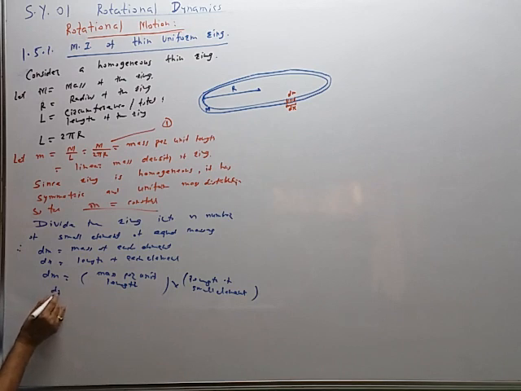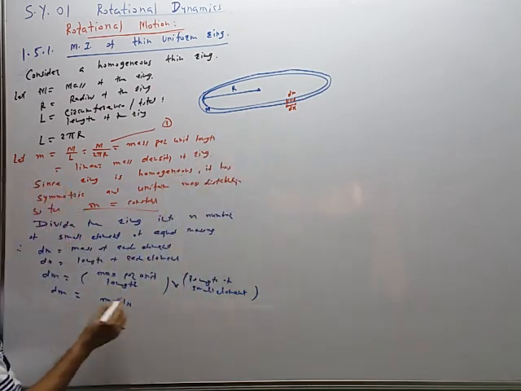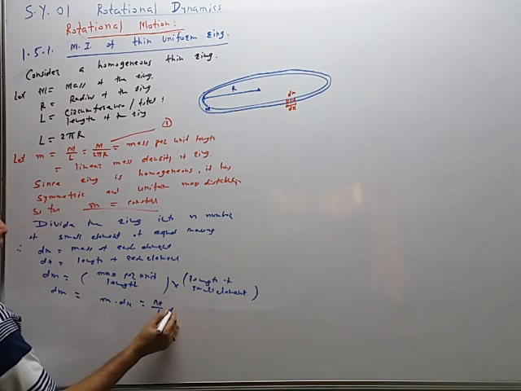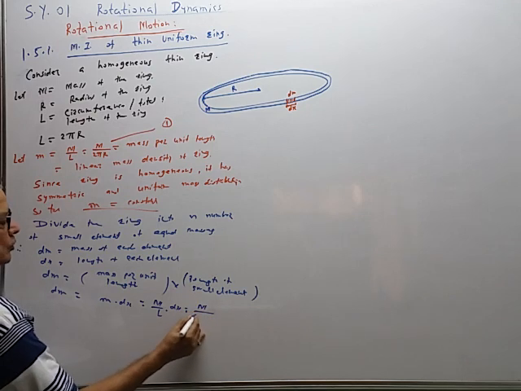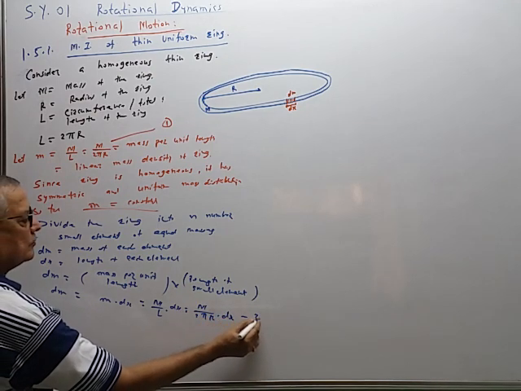So dm is equal to small m into dx, and therefore this is equal to M by L into dx, M upon 2 pi r into dx. So this is equation 2.